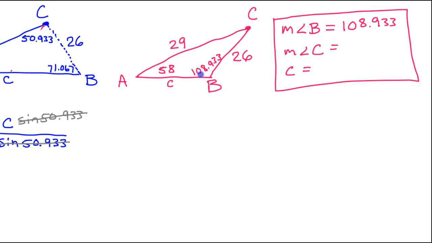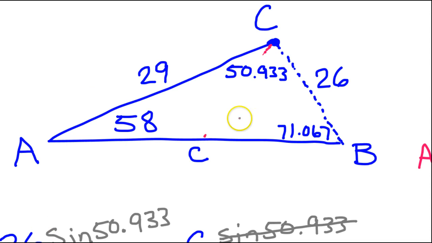You can subtract from 180. But just one more time, I want to take a minute and remind you of why they are supplementary. Just remember that we formed the second triangle by taking this 26 swing side and swinging it inward like this. Alright, and that's how we got the red triangle that's formed over here on the left hand side.